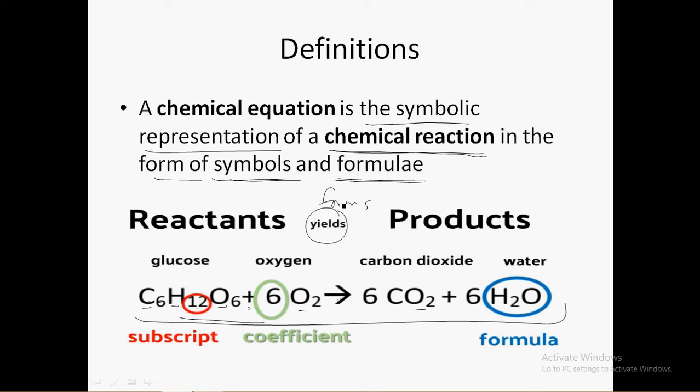This is a chemical equation. We use symbolic representation. This C represents carbon, and this H represents hydrogen. All of these symbols in this chemical equation represent actual atoms. Right.